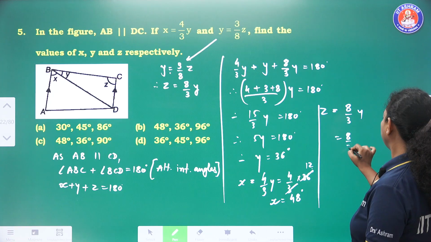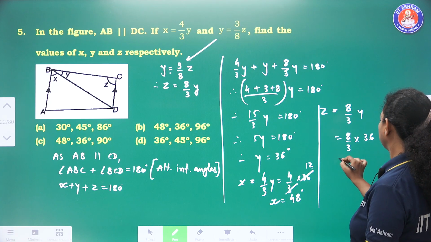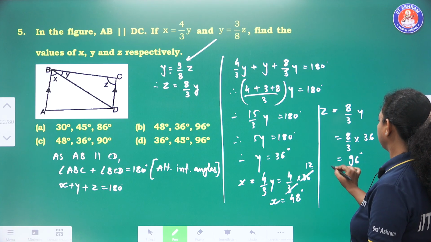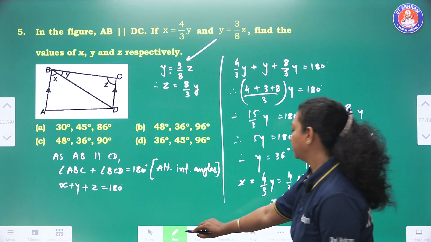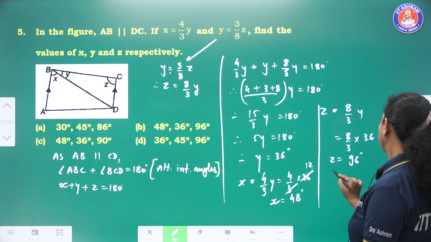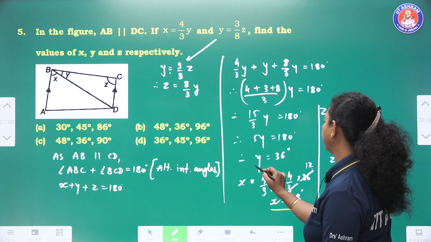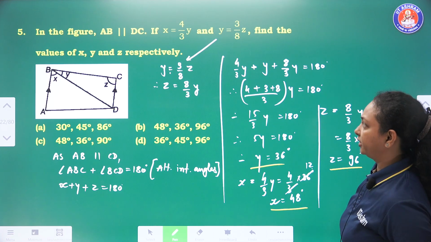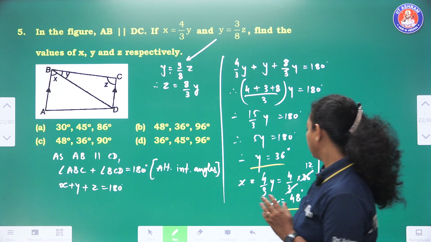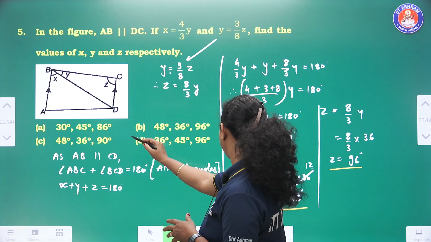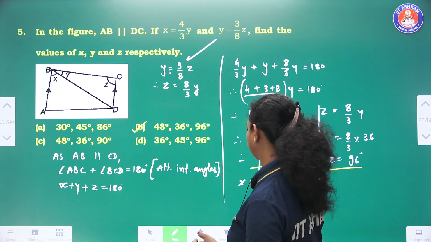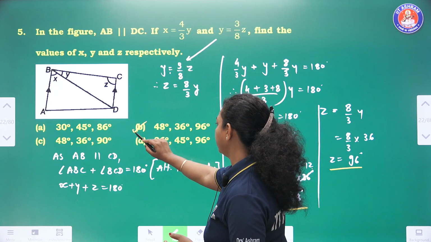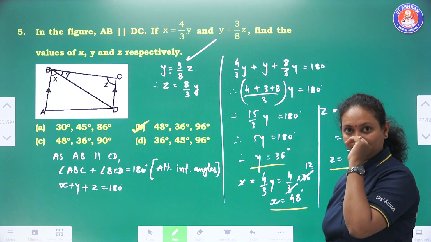So it is 8 upon 3 into 36, which is 96. So z is equal to 96. Z is 96, x is 48 and y is 36. So which one is the correct option according to x, y and z? X is 48, y is 36 and z is 96. So option number B is our correct answer. Okay.